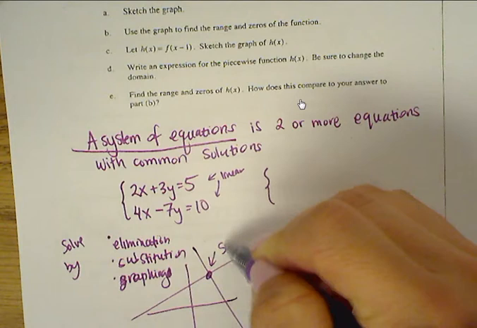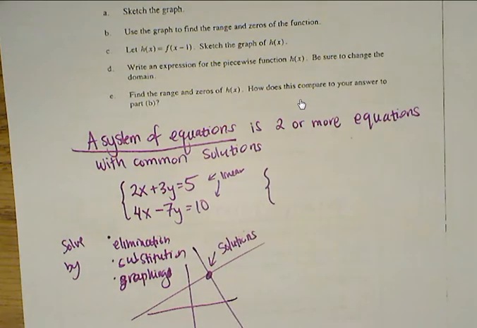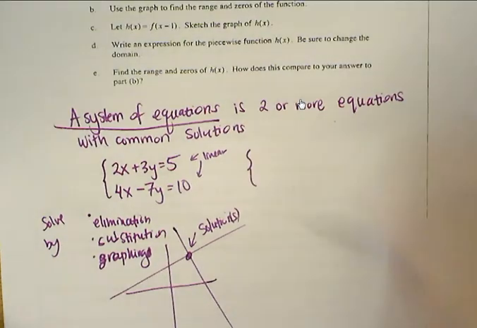So two lines can intersect in one spot. Can two lines intersect in more than one spot? If they're the same line, then how many spots do they intersect in? Infinite. So you could have infinite solutions, or you could have one solution, or none.